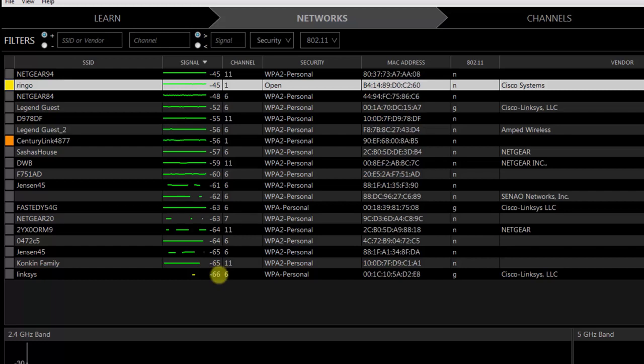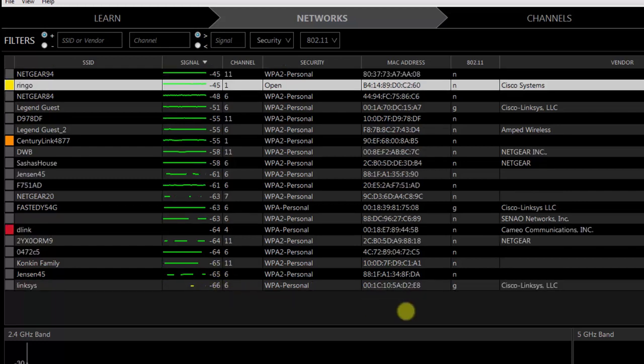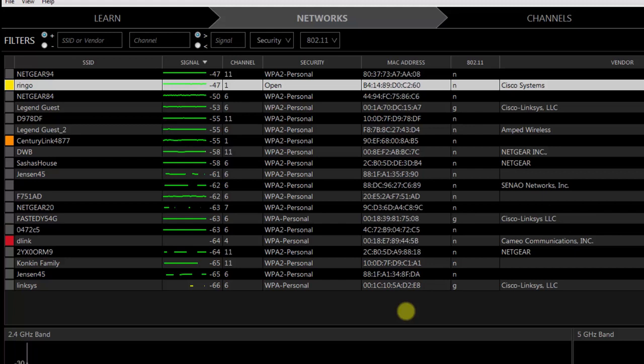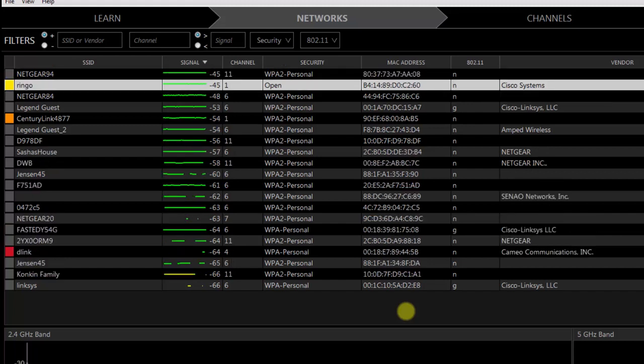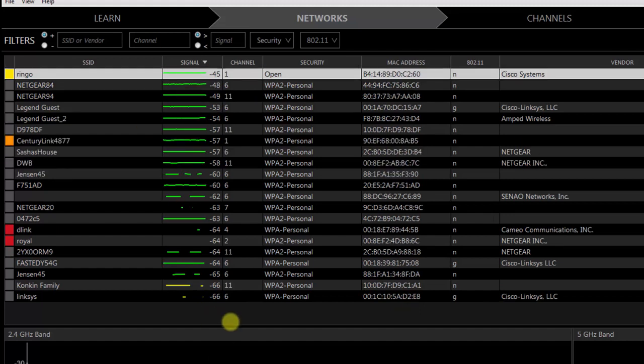So -65 is about the cutoff point where if you were receiving any less than that, it can't be used because the signal strength isn't strong enough. Very often you'll see, you're not seeing it right now, something like -80.